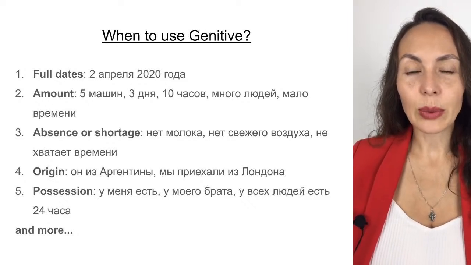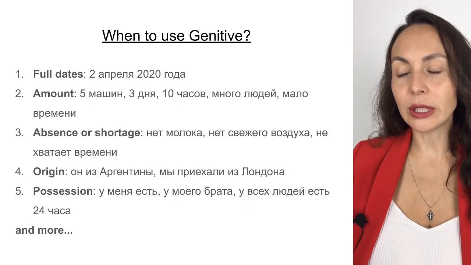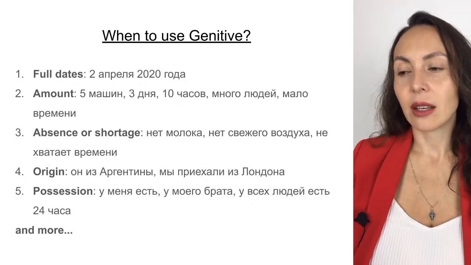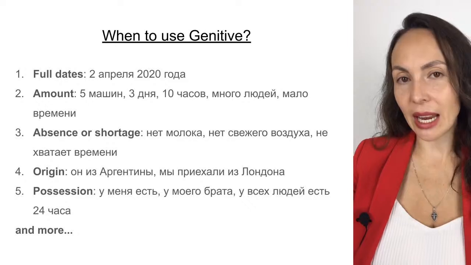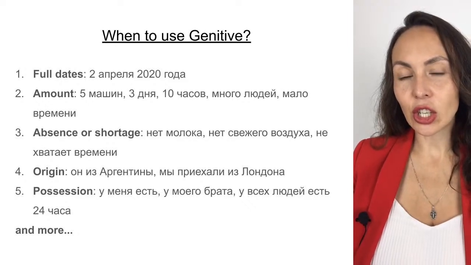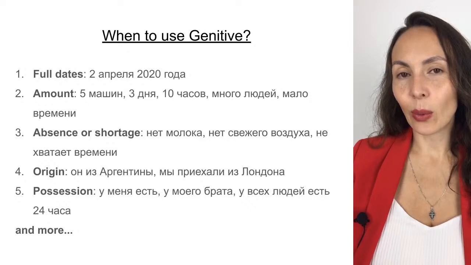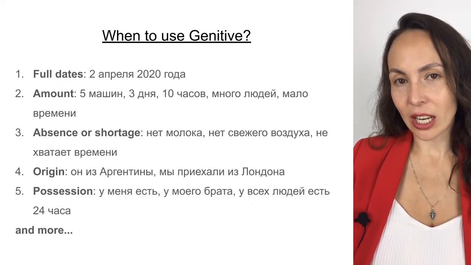Dates. When we say full dates, 2 апреля 2020 года, every single word is in the genitive case.